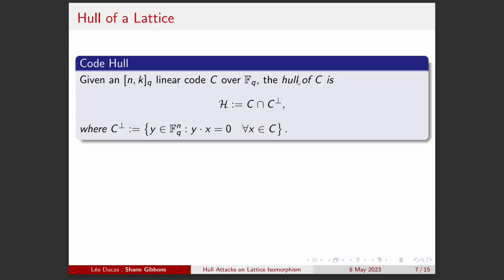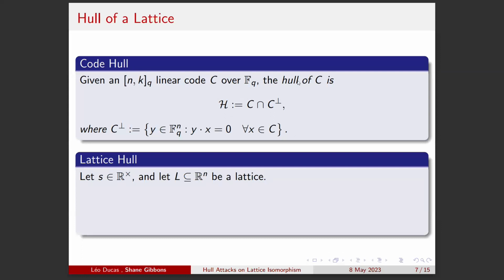The hull of a code is given as the intersection of the code with its own dual. As an example, in permutation code equivalence, the hardness of this problem is exponential in the dimension of the hull. So if you have a code with a trivial hull, then permutation code equivalence can be solved efficiently.